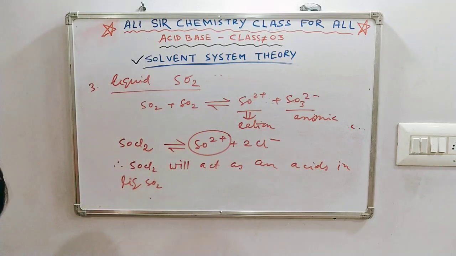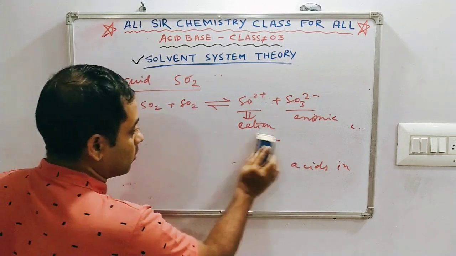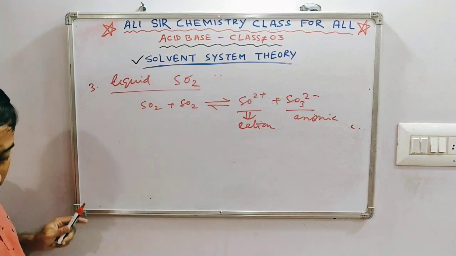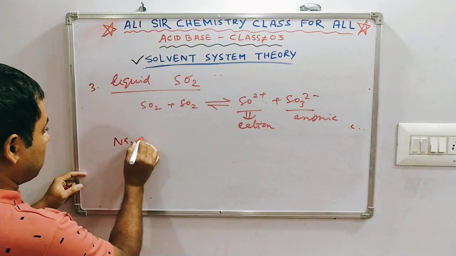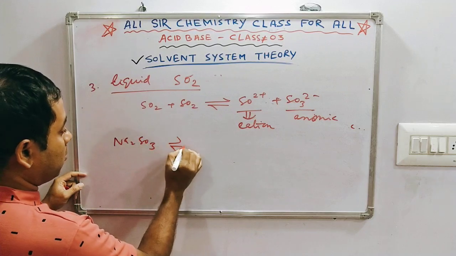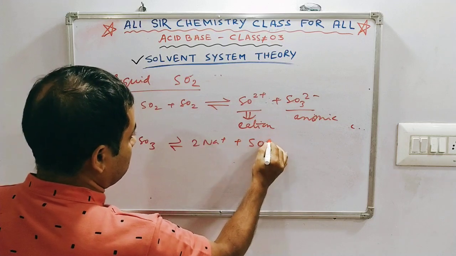Now taking another example of a basic compound, say sodium sulfite, Na2SO3. It will decompose to 2Na plus and SO3 2 minus.